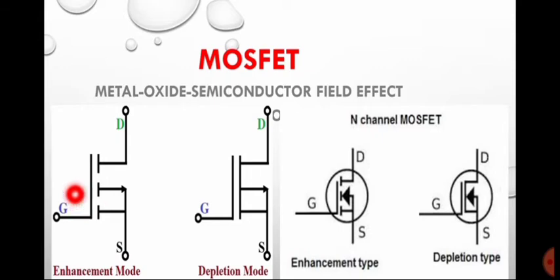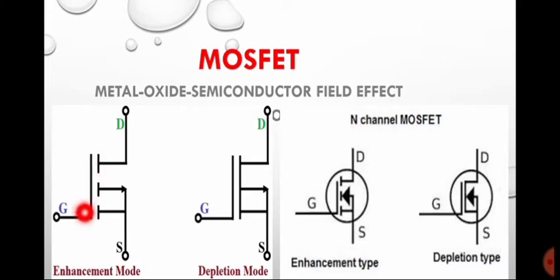So see here in this figure, the symbol shows you P channel enhancement MOSFET. Why enhancement? Because the line is in dotted form. So the first terminal is known as drain, the middle terminal is the body itself, and the third terminal is known as source. Both are shorted here.